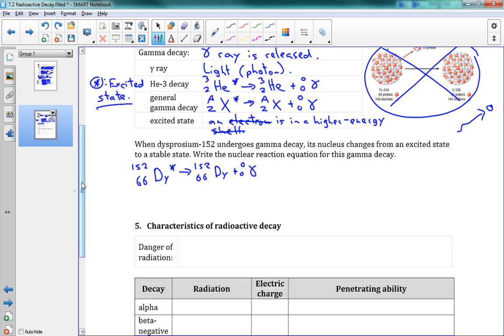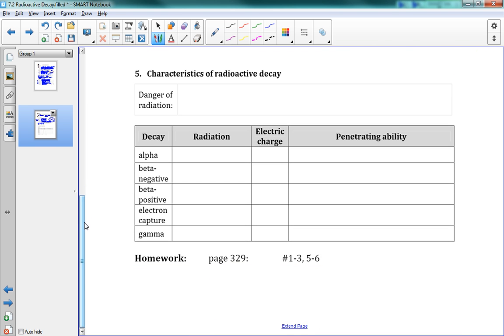So this is when the nucleus has extra energy. We won't get into why it has that extra energy. We're just going to say that the nucleus has some extra energy, it wants to release it, and so it does that by releasing a gamma particle, or a gamma ray.